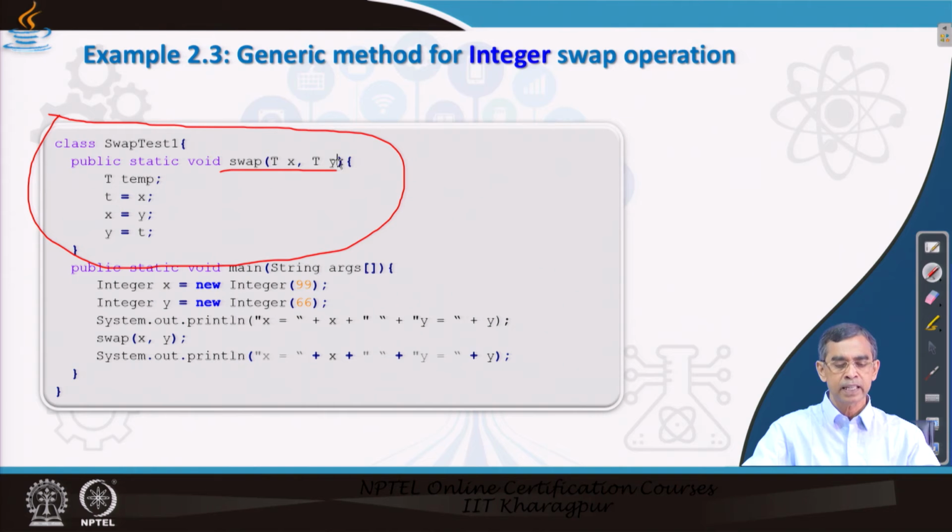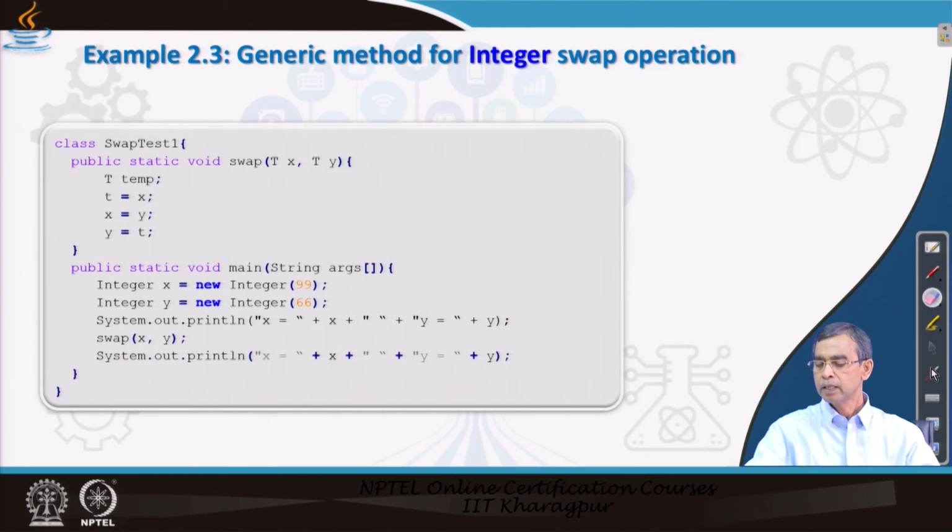Here you can see the swap method with two parameters instead of the single parameter that we discussed in the last example. x and y are both of the same type T. If x is one type and y is another type, then you could write T and U or whatever. So, that is the concept that you have to think about. So this is the idea about the swap.